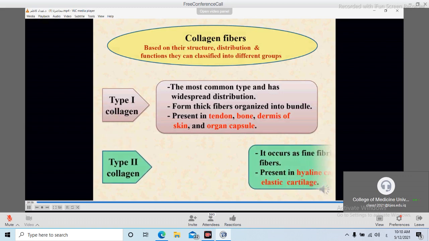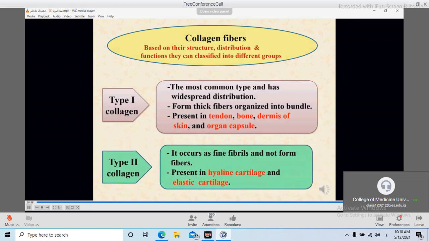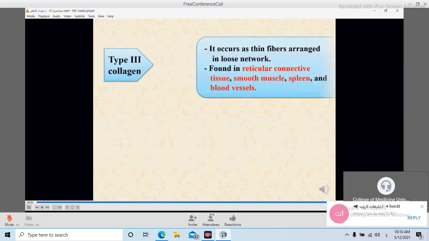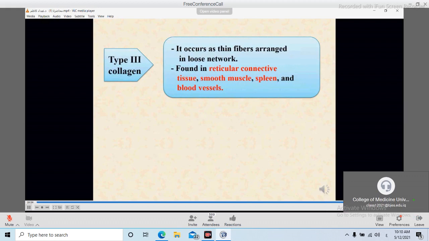Collagen type 2 is found as fine fibrils and does not form fibers; present in hyaline cartilage and elastic cartilage. Collagen type 3 occurs as thin fibers that arrange in a loose network. هذا الشكل يكون بشكل thin fibers اللي يترتب بشكل شبكة مفككة.